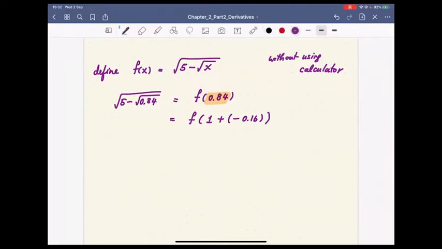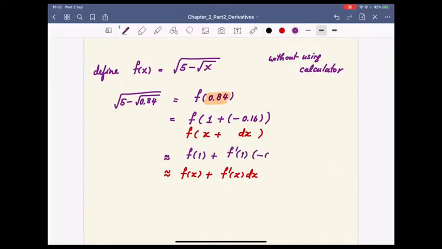Then by using the formula, you can view this as f of x plus dx, and by the formula this is going to be f of x plus f prime x dx. That means I have the approximation to be f of 1 plus f prime 1 times negative 0.16, and then you delete that line.